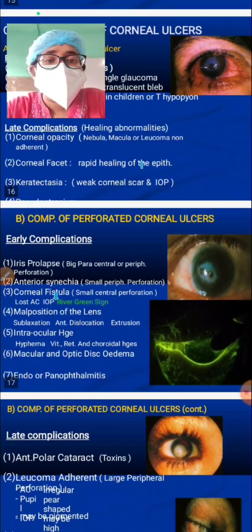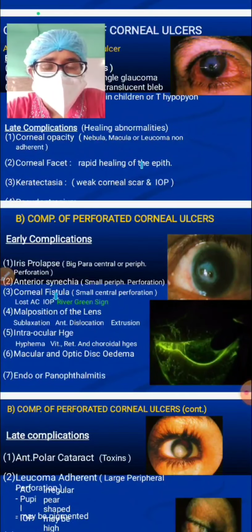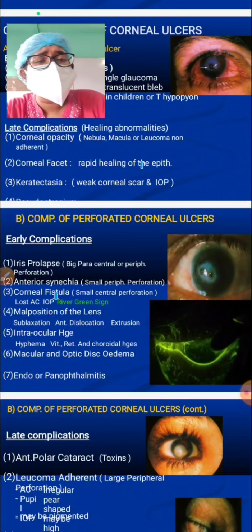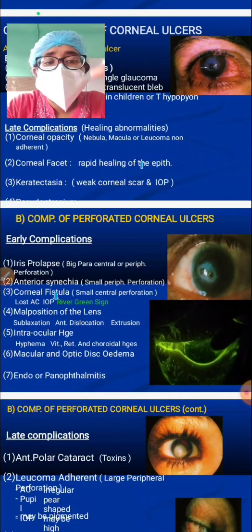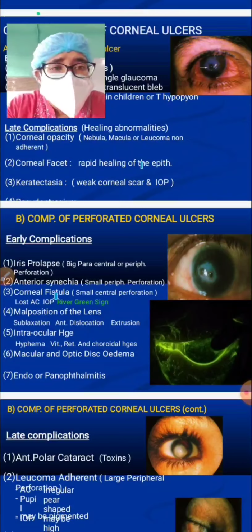Now, what is the complication of perforated cornea? When this descemetocele perforates, the perforation may be either small or large. In case of small perforation, what happens?